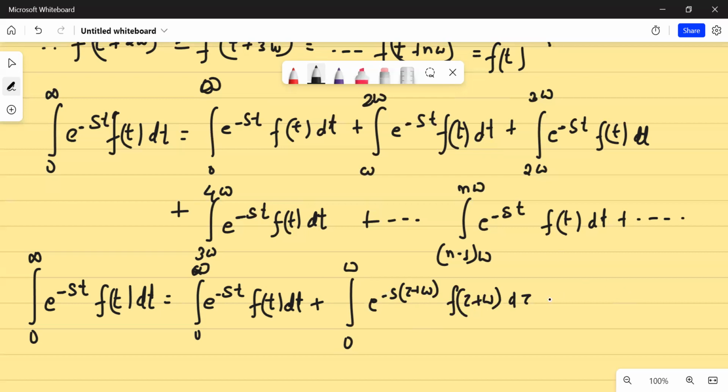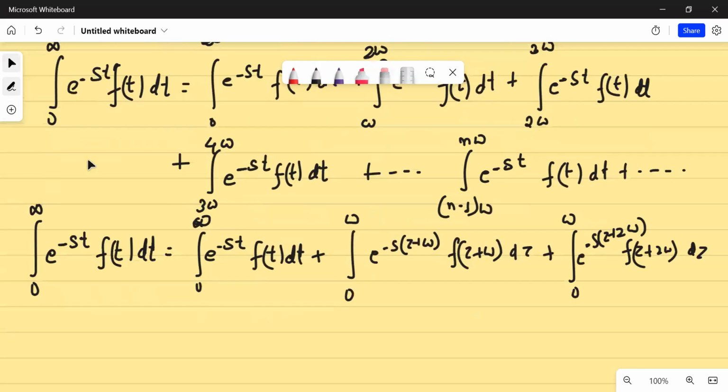Yes, sir. Okay, good. अब एक काम करते हैं, यहाँ पर f of z plus 2ω लिख देते हैं. Again, this dt would be dz only, and this would be e की power minus s(z + 2ω). And again, this is from 0 to ω. Is that clear?